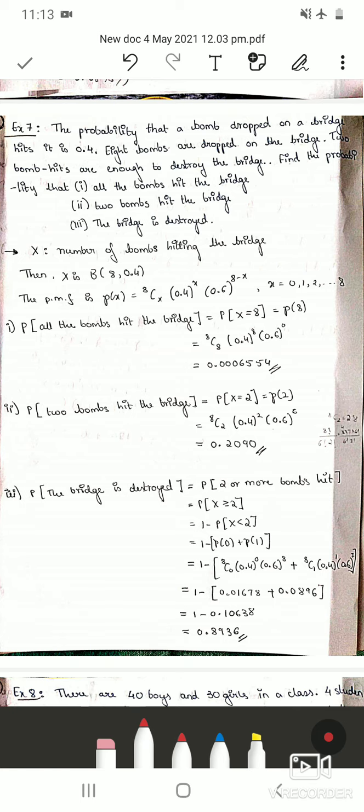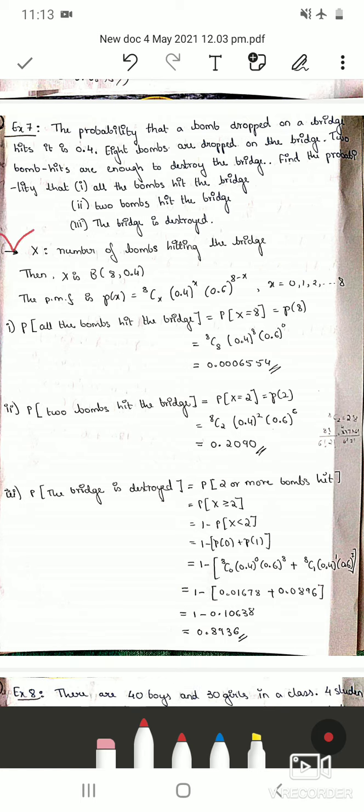If we want to calculate the probability that all bombs hit the bridge, all bombs means 8 bombs are going to be dropped on that bridge. Therefore your n is 8. They have given p to be 0.4. So we have to calculate all these probabilities using the binomial distribution.